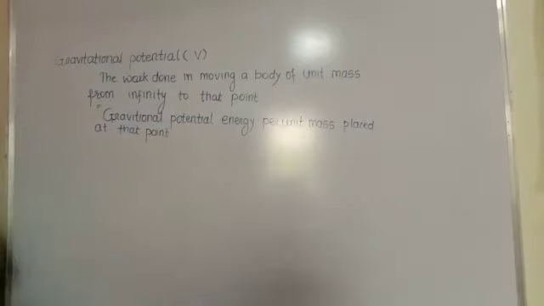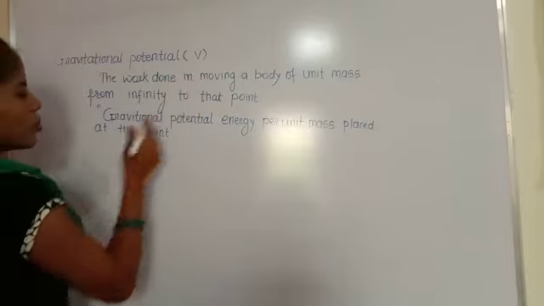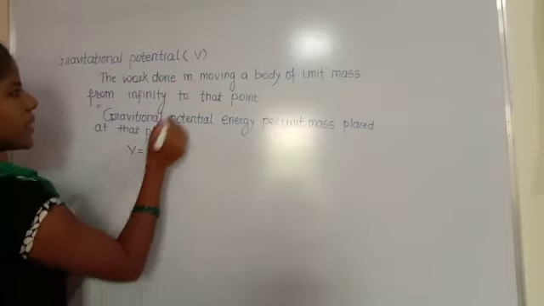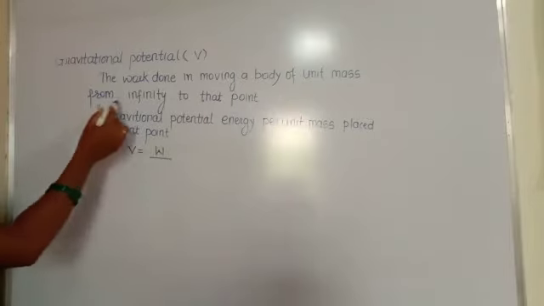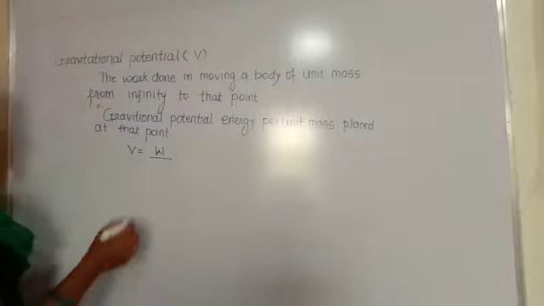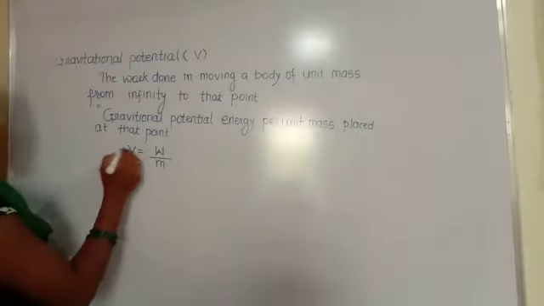Okay, so means the gravitational potential energy, and the SI unit of gravitational potential means the work done in moving your body. So we get V is equal to work done divided by unit mass from infinity to that point. Therefore V is equal to W by m.